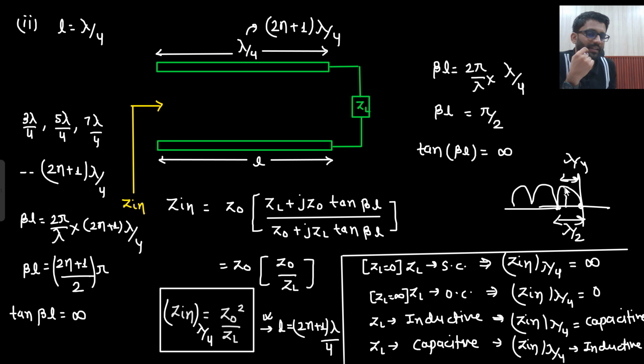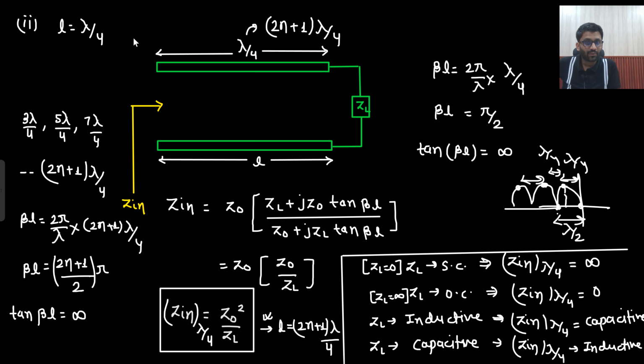So here there was minima, then maxima, then here maxima, then minima. So after every lambda by 4, there was inversion, minima, maxima in that manner. And after every lambda by 2, you get the same thing. And after every lambda by 4, you get the inversion of that. Is that clear to you or not?